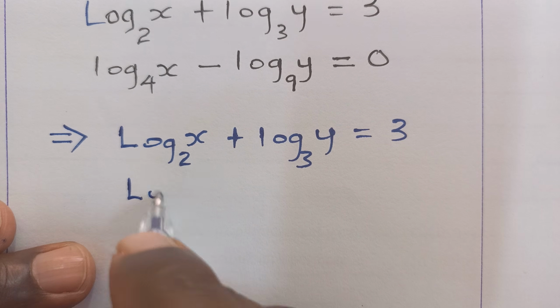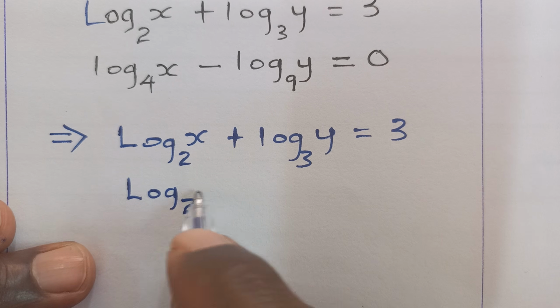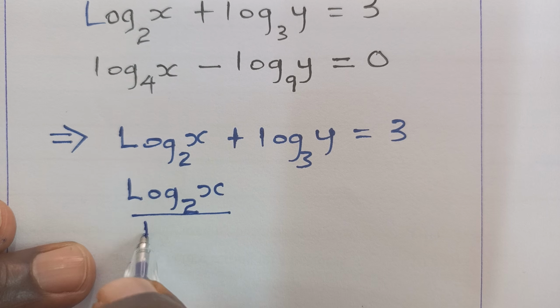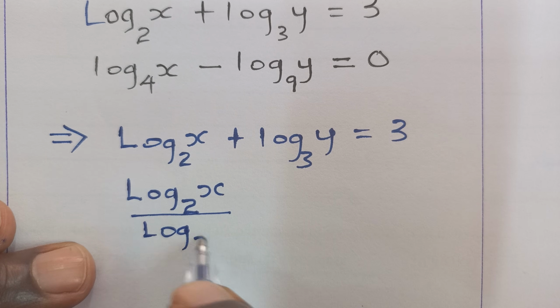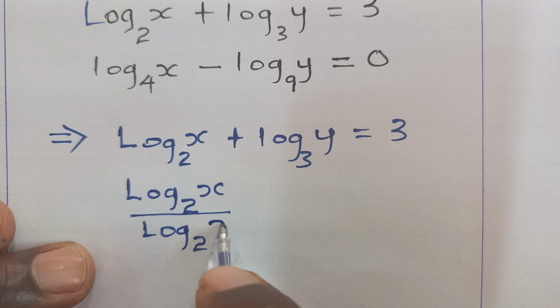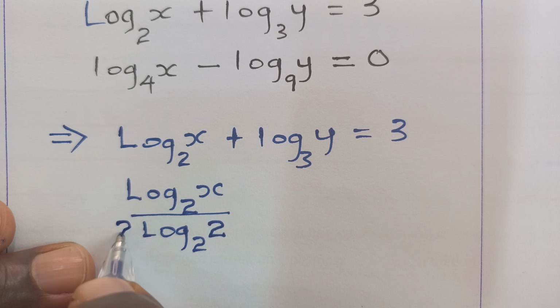So this is now going to be log to base 2 of x all over log to base 2 of 4. And 4 can be written as 2 squared, of which the square can come to this position.